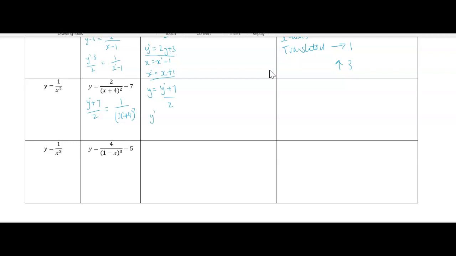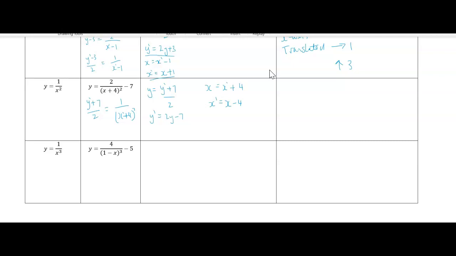So then y dash is equal to 2 times y minus 7. All right, and then our x's, so x is equal to x dash plus 4. Just thinking, no, we don't need to square that. X dash equals x minus 4.